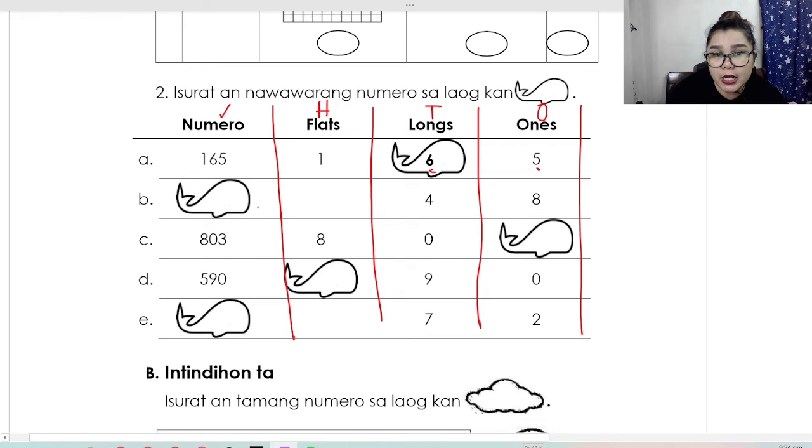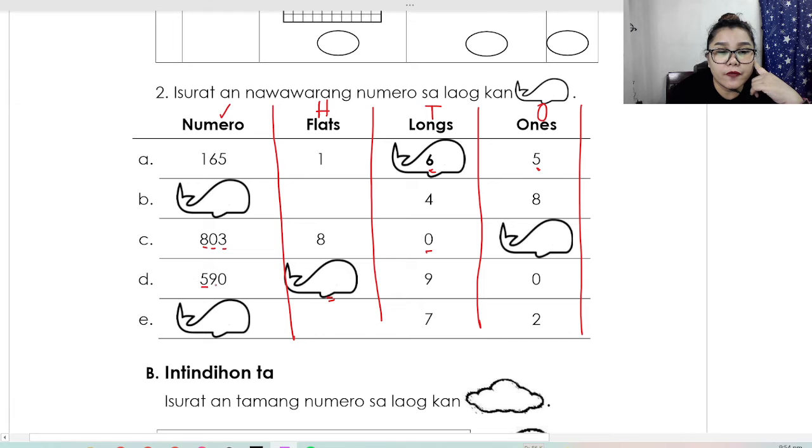Anong number siya? And then next, for letter C, 803. So, we have 800s, 0 tens, and blank ones. So, take a look at the digits. Next, letter D, we have 590. So, we have blank hundreds, 9 tens, 0 ones. Ano ang kulang?